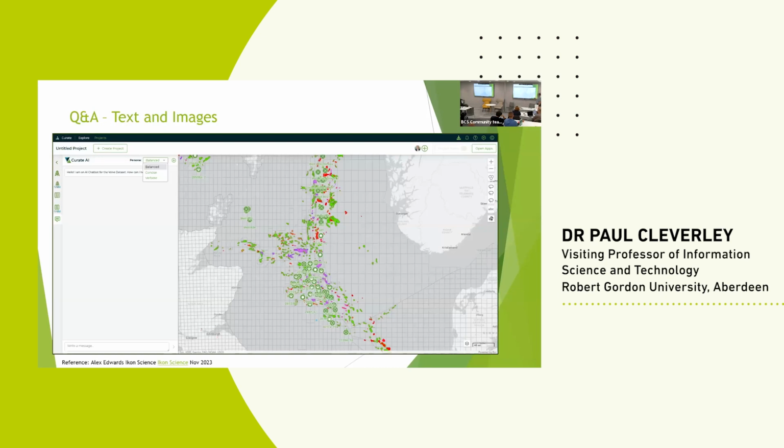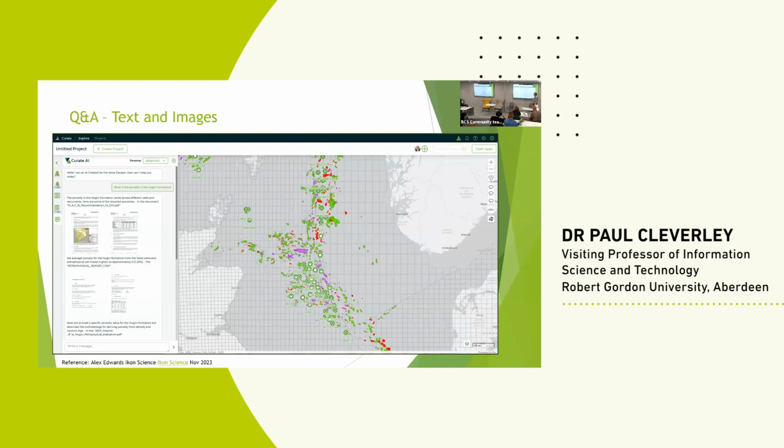And then finally, this is another one. This is very closely tied to a map. I just included it. What's the porosity of the Huygens formation? It's beginning to show the images as well as the text, which we know, certainly from your science point of view, people want images and text, and you know that's coming.